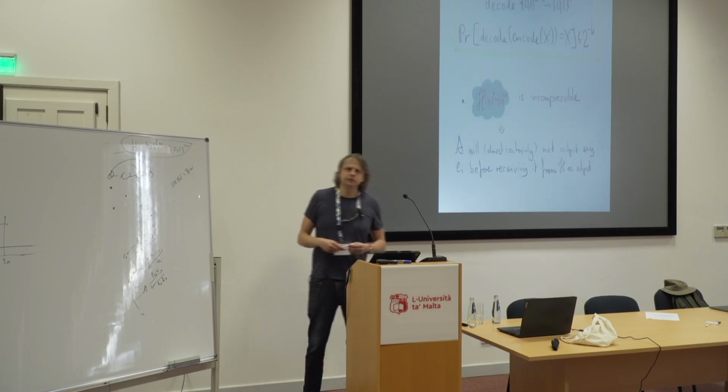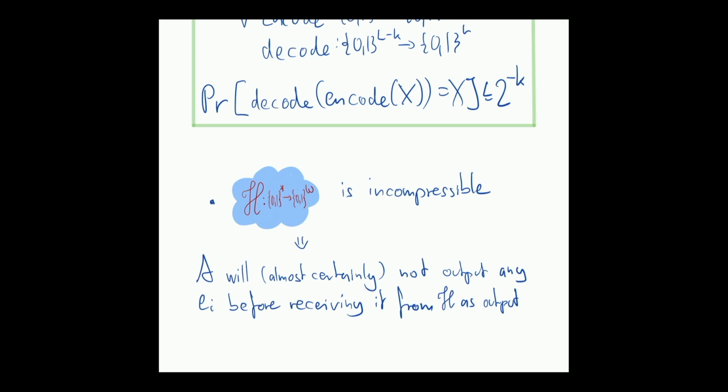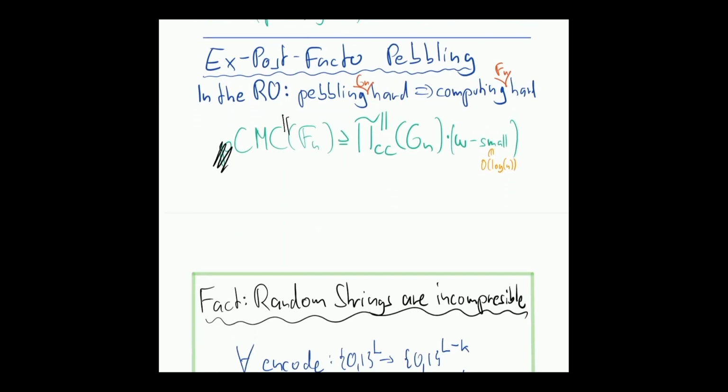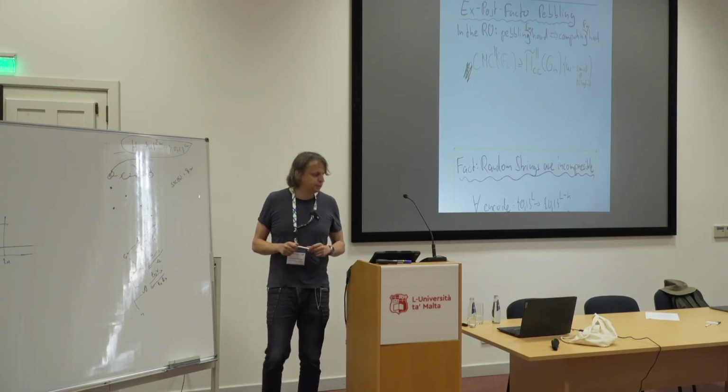Okay, so here is the first time we use this simple fact in our proof. The proof technique that I will use to prove that pebbling implies memory complexity is called ex post facto pebbling.